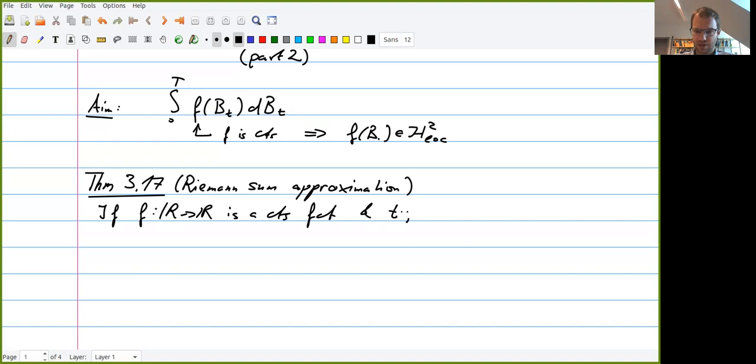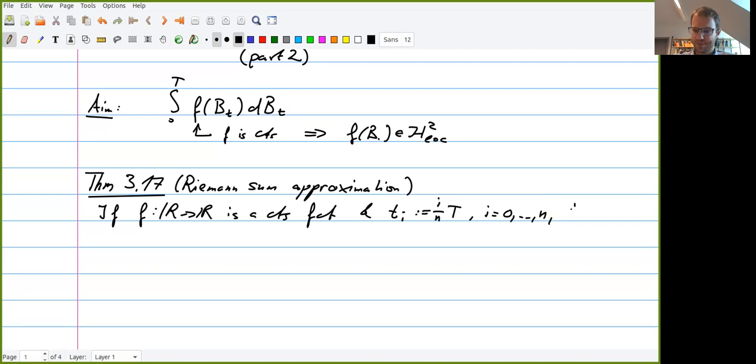So Π_n is defined by the t_i, where we divide the interval 0 to t into equidistant points, with i running from 0 to n.